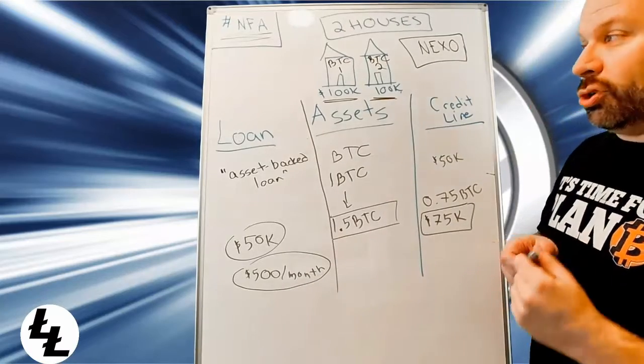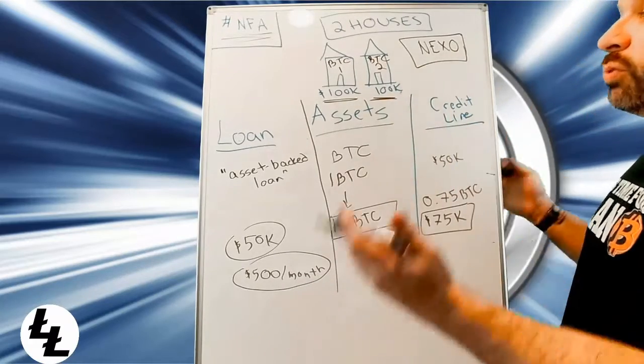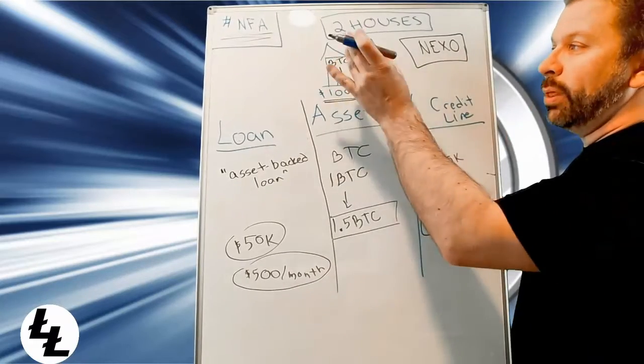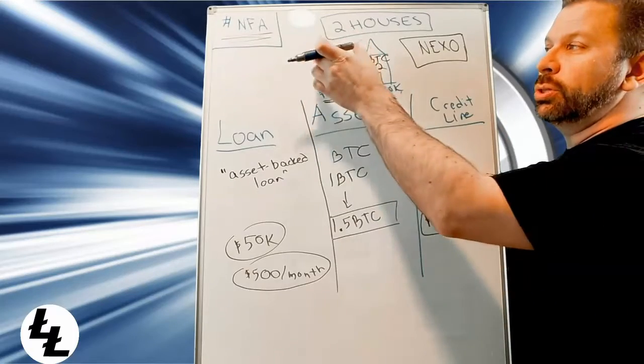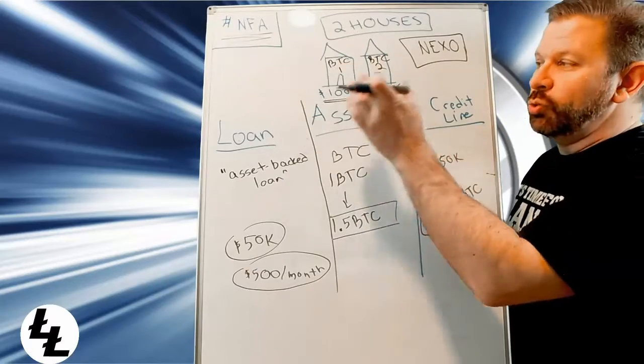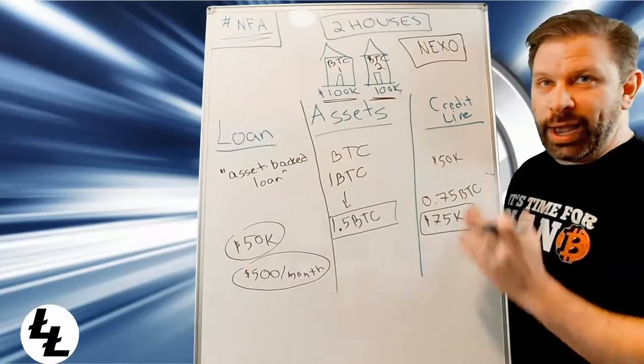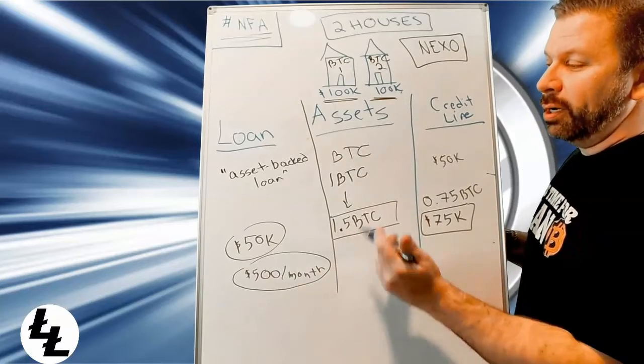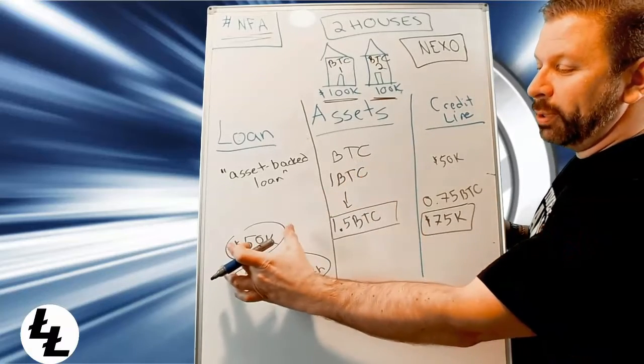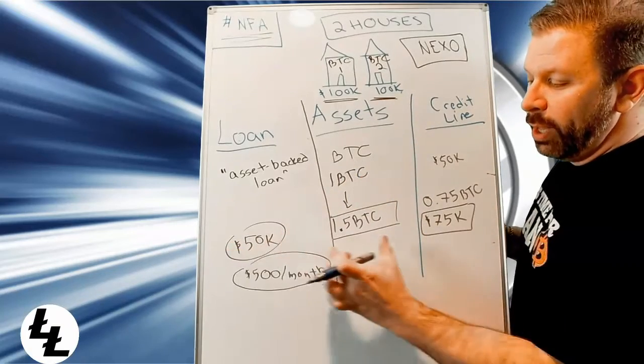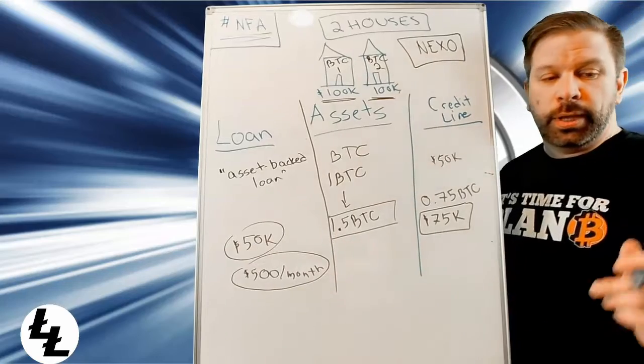So just to go back, what real estate investors do is they leverage, or they use these assets to recapitalize their business and then buy more assets. So this is what we've done here. We used an asset, recapitalized it by taking out that credit loan, and now we have more assets.